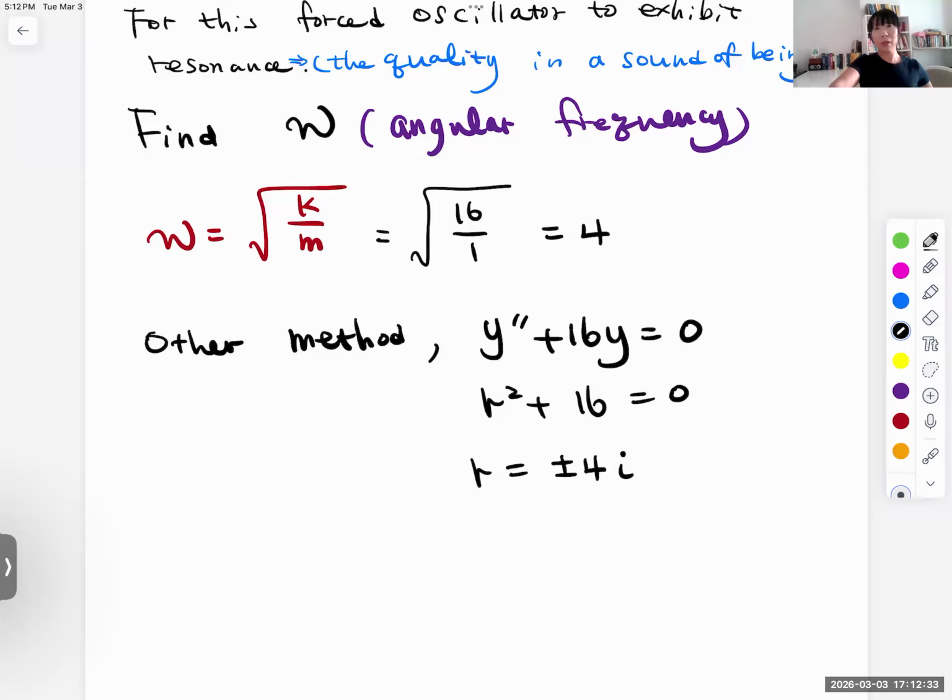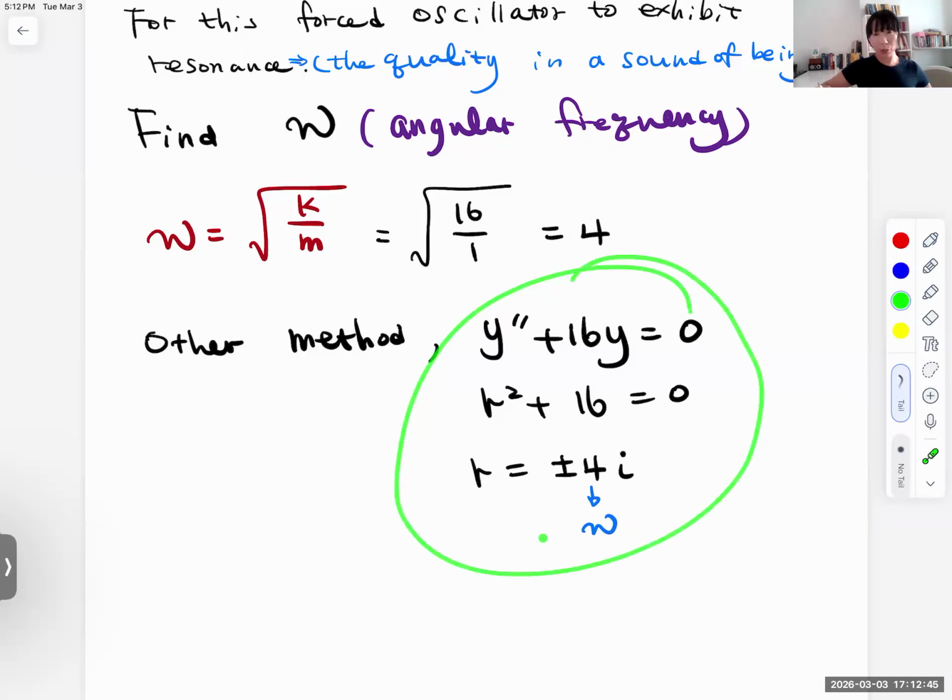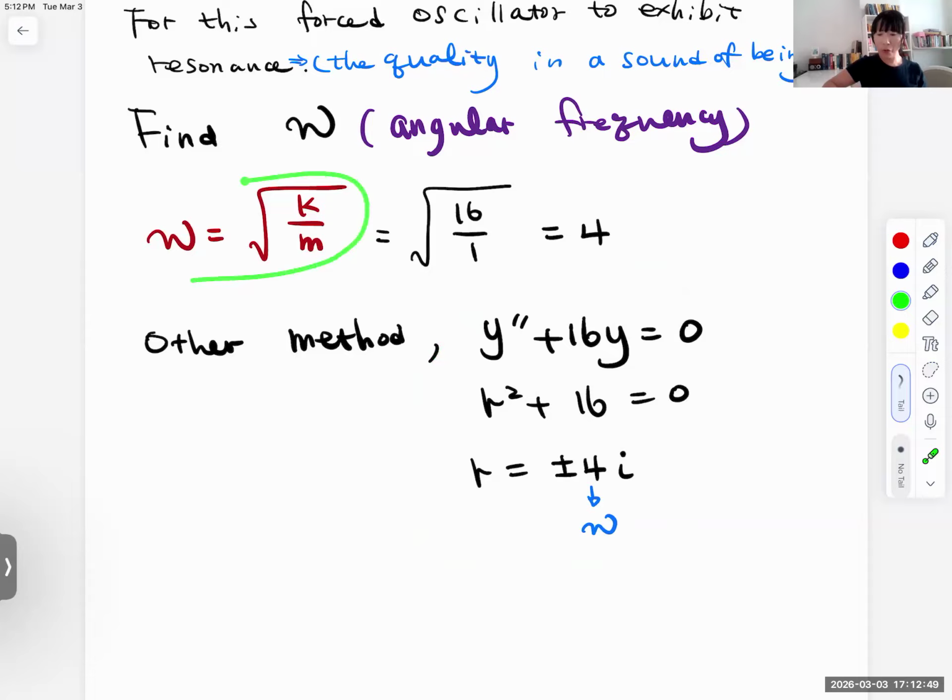Okay, so that is omega, right? We knew that. So we can find omega by the previous method, and this is a new formula for this section, angular frequency.